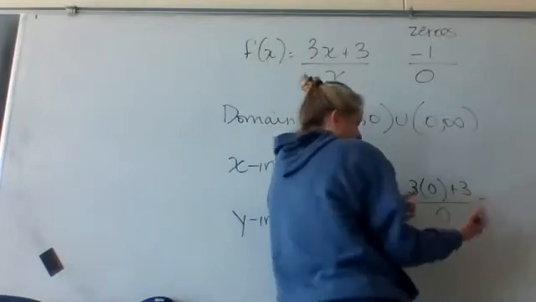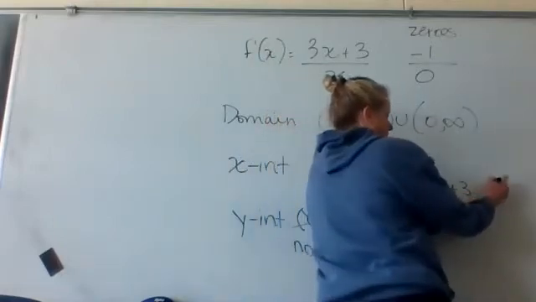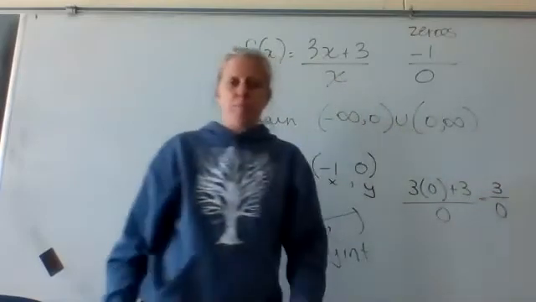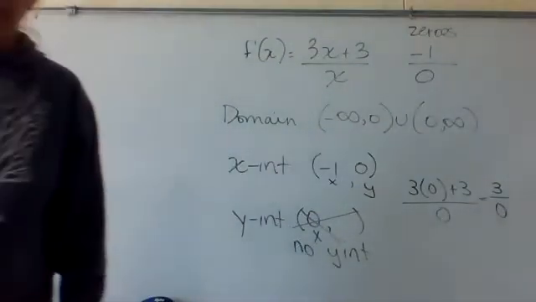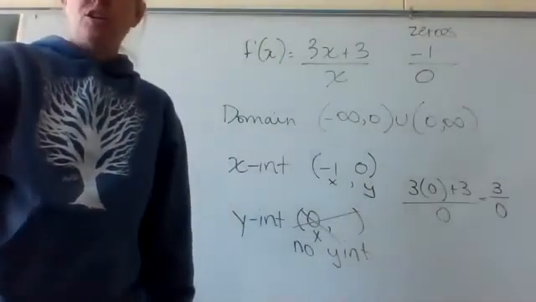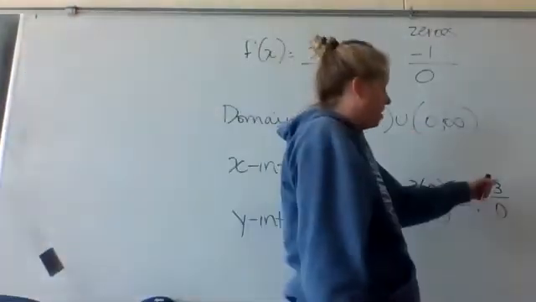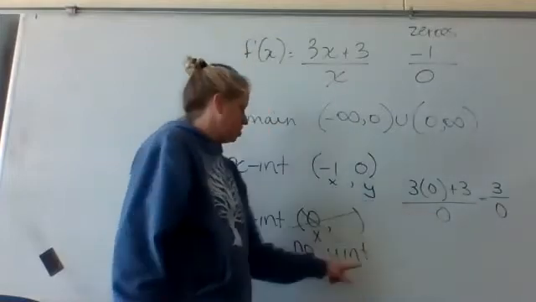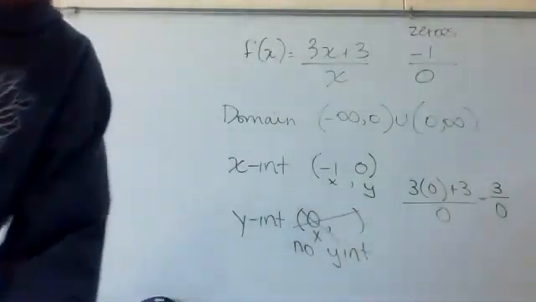If I went ahead, 3 times 0 is 0 plus 3, so 3 over 0. Where are you going to put that point? What is 3 over 0? It's undefined. You can't put a point there because that's not a defined number. So that's why if your denominator turns into a 0, it just means there is no y-intercept.